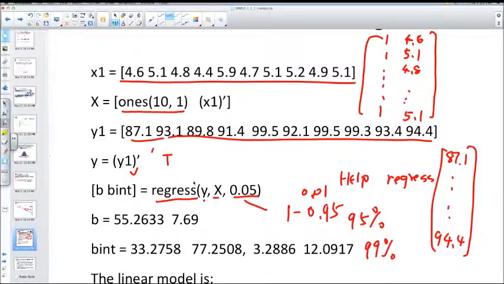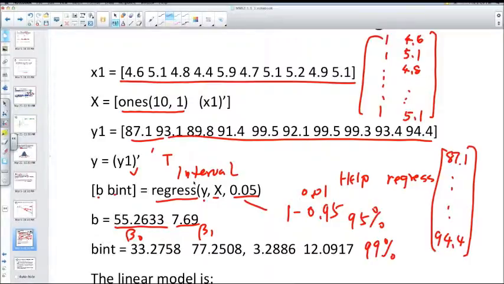So when you solve that, the solution has 2 components. One is the B. What's the B? This is the intercept, beta 0. This is the slope, beta 1, on average. And this B int, this int means the interval, is the 95% interval.